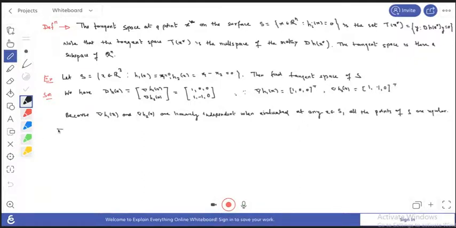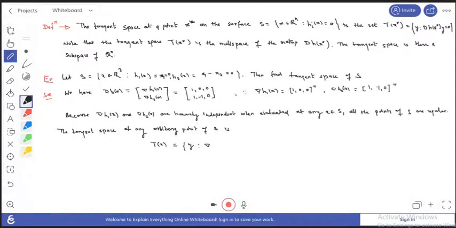So now you have to find the tangent space. The tangent space at any arbitrary point of S is basically defined by T(x). This is the collection of all y's such that the derivative of h times y equals 0.